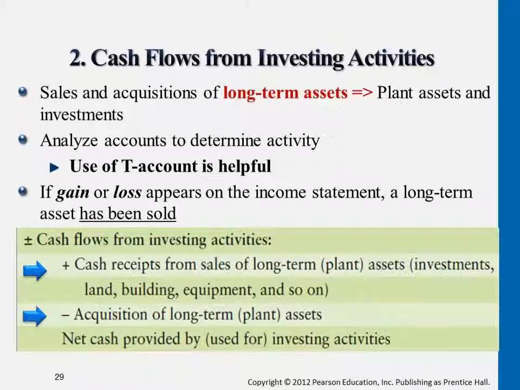Anything that falls under furniture, equipment, machinery, the cash that we used to purchase it will be subtracted in the statement of cash flow, because this is using up cash to purchase long-term assets. Any cash that we collected from selling plant assets will be added to this section. So basically it only has two types: the cash we received from selling long-term assets, and the cash we used up when we purchased new long-term assets.